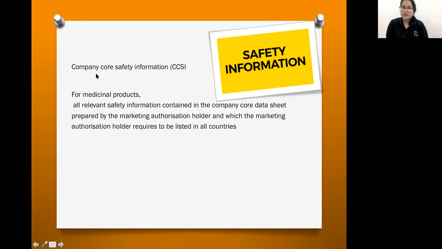Then there is another term called company core safety information. For medicinal products, it is all safety information contained in the company core data sheet prepared by the marketing authorization holder and which the marketing authorization holder requires to be listed in all countries.